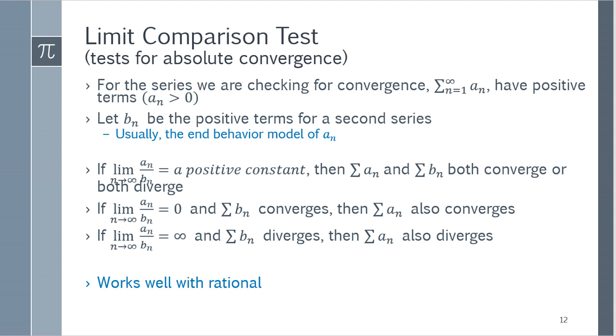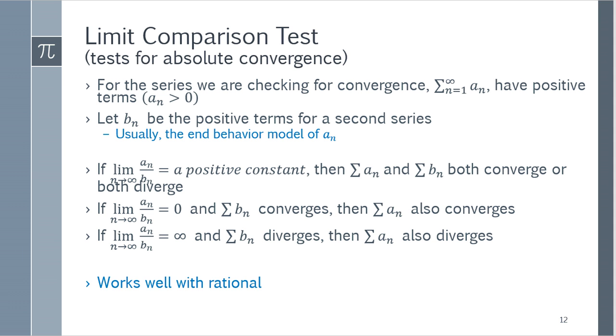So what I'm going to be doing is comparing the original series to the second series, and it has to be in that order. So if we're thinking in terms of a fraction format for our ratio, original series must be on top, comparison series has to be on the bottom.